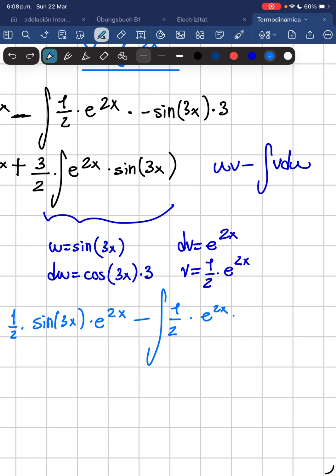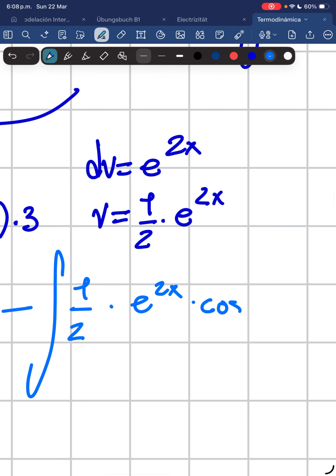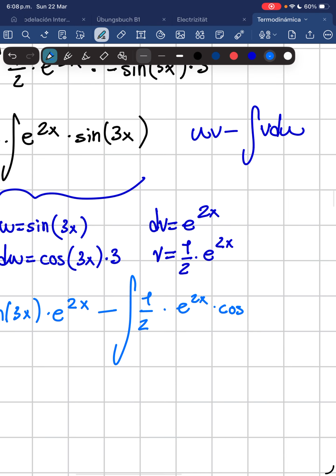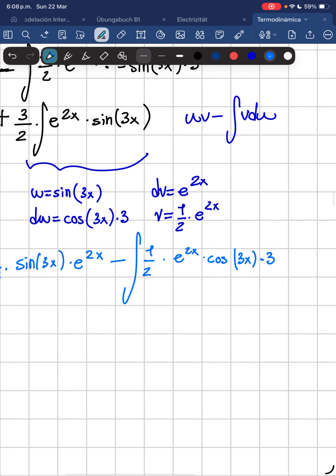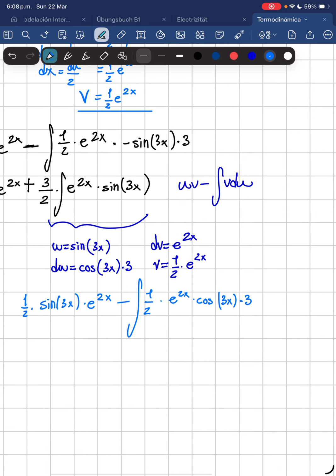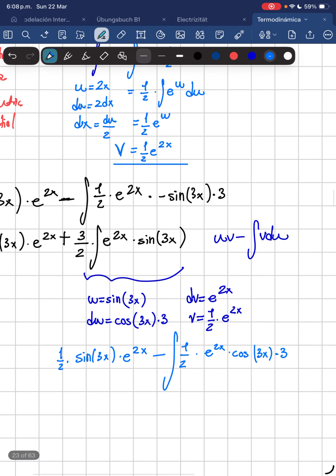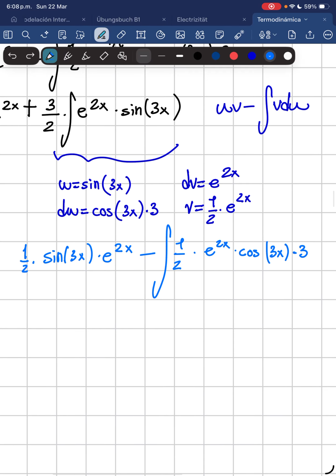Also, cosine of 3x times 3. And as we just did with this part over here, we're gonna just simplify our expression.